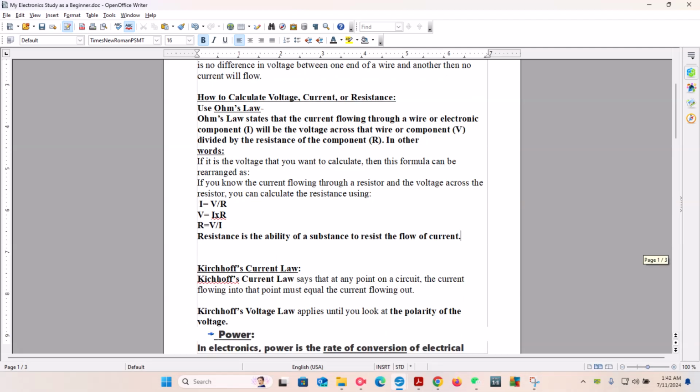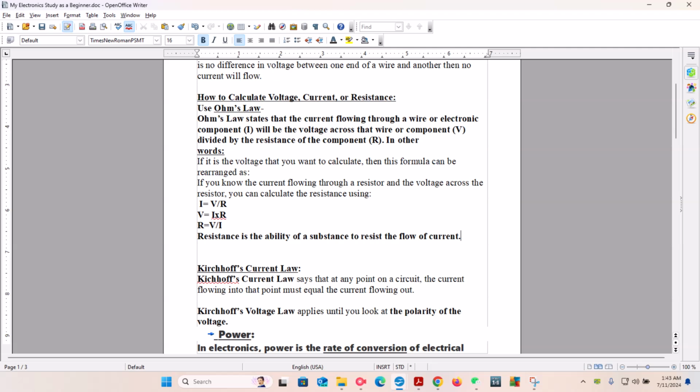Now, let's talk about something important called Kirchhoff's current law. Kirchhoff's current law says that at any point in the circuit, the current flowing into that point must equal the current flowing out. So current flowing in must equal current flowing out. Okay, so that's as simple as that.